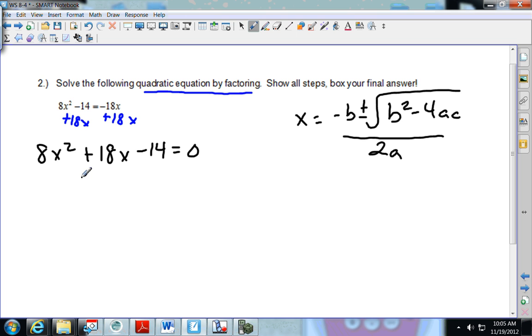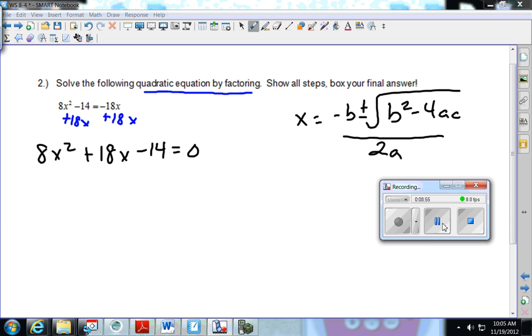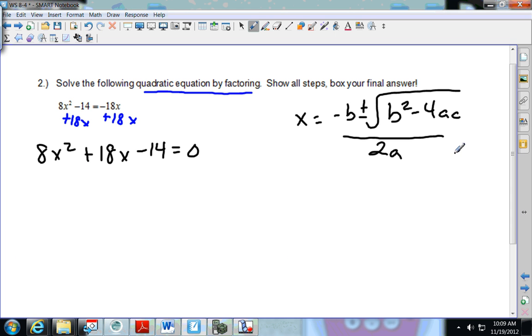Now, take a minute. You don't have to pull out a GCF when we use the quadratic formula. Go through and try to find your solutions now. All right, on this one, remember, you just have to put it in the formula. It says negative b, the opposite of b. b is 18.